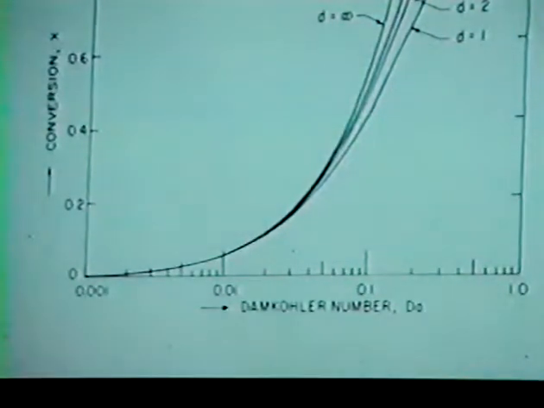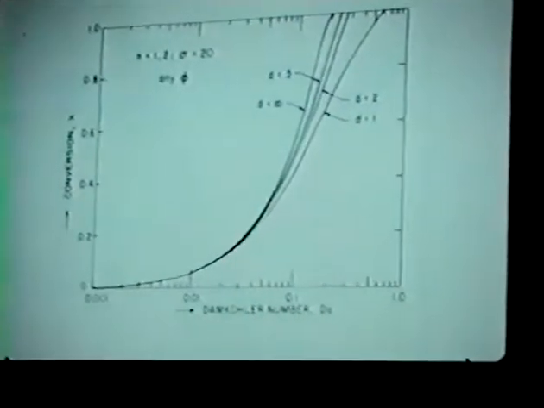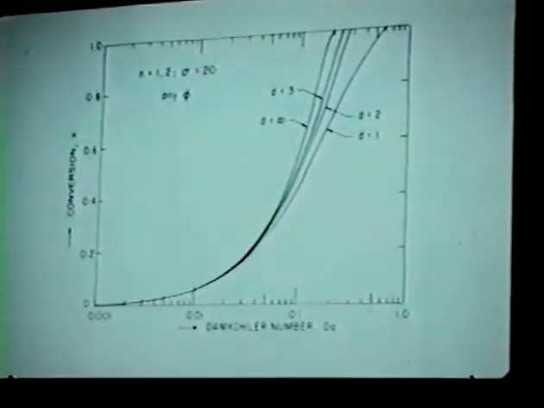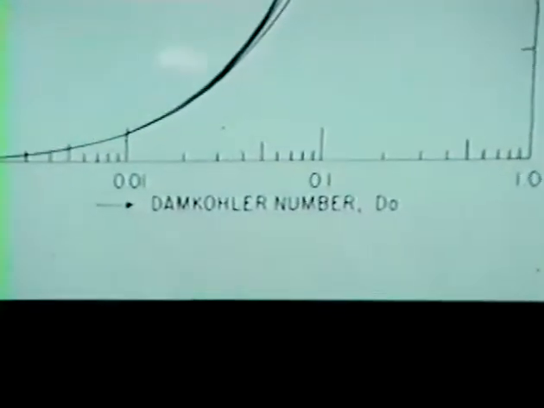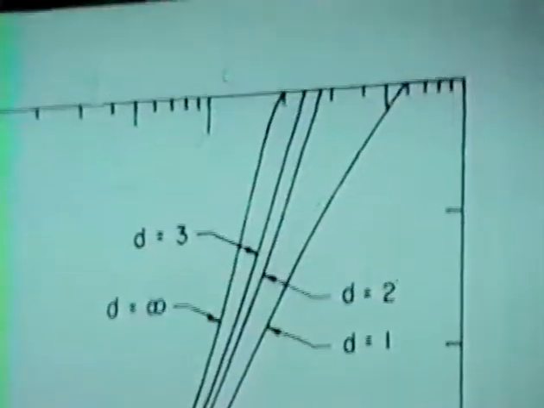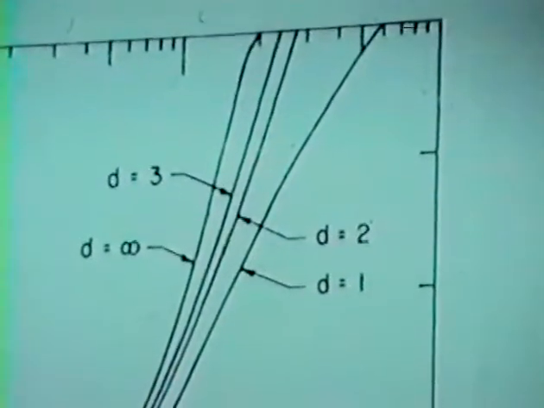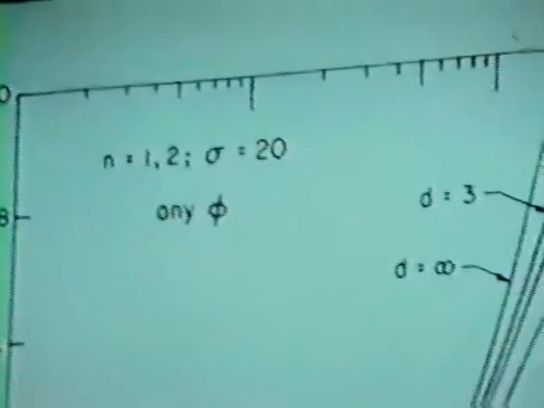This is the result of our optimization from the model. We maximized the conversion of the reactor by adjusting the location of the catalyst within the particle. The upper bound of the solution is given by B equals infinity, which means each particle within the reactor has a different location of catalyst which changes along the reactor.